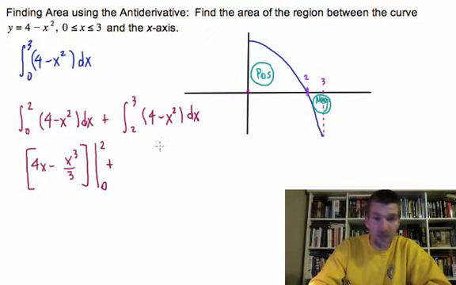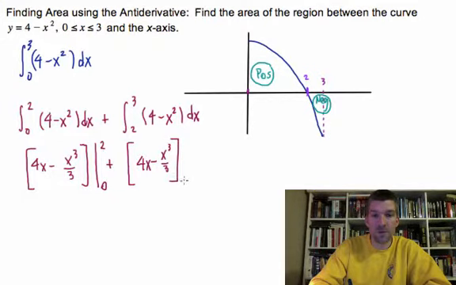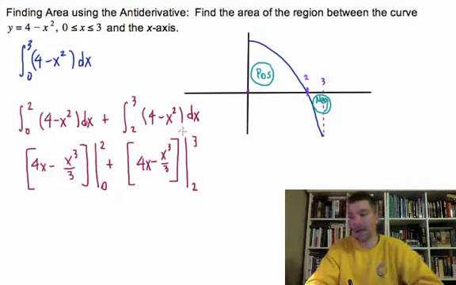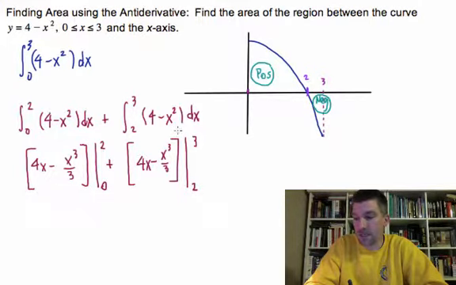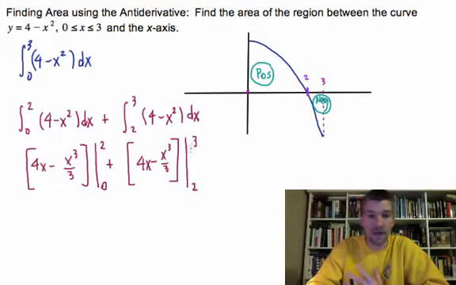Plus, and then it's the same integral again, 4x minus x cubed over 3, and we're going to evaluate this one from 2 to 3. And when we get to the actual evaluation process, that's where we're going to look at the absolute values.